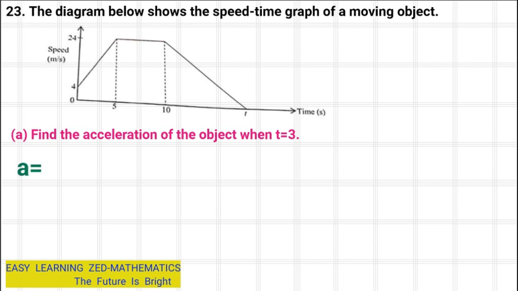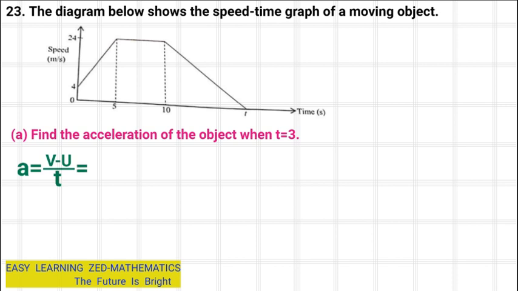So acceleration is equal to final velocity minus initial velocity, that is v for final velocity and u for initial velocity, divided by time.